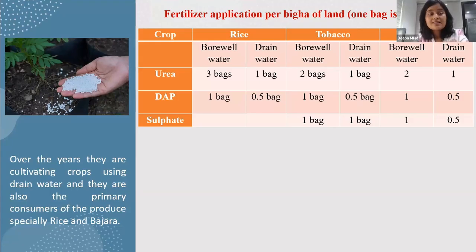And coming to the other aspect, that is health. Whenever we talk about wastewater, the health risks are always talked about. During my visit, I met those farmers who are the primary consumers of what they are producing, be it rice, wheat, or the leafy vegetables that they grow for themselves.